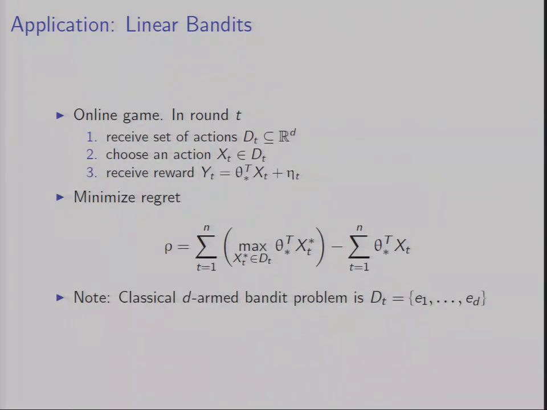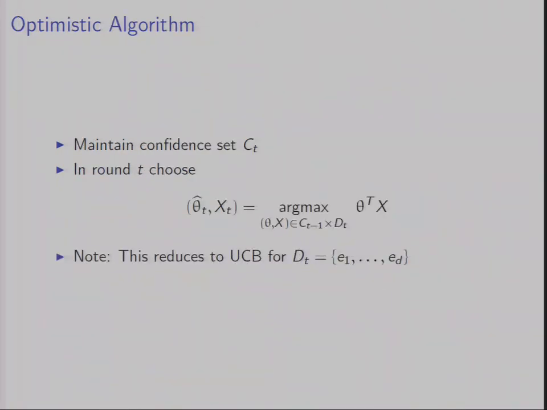All right. So one approach to this linear bandit problem is that you maintain a confidence set for theta star. You never precisely know where theta star is because of noise. So you need to keep around the confidence set, and then you try to be optimistic.